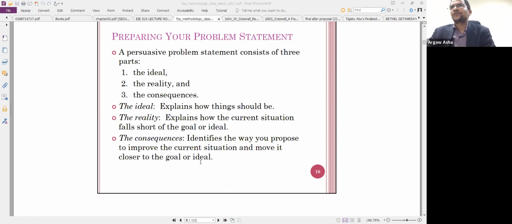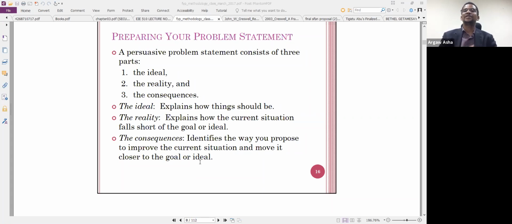So when you are preparing your problem statement, it should consist of 3 parts. The first one is the ideal part. The ideal part explains how things should be, how your research should continue in what matters. The second one is the reality. That means it explains the current situation relative to the goals or ideal.